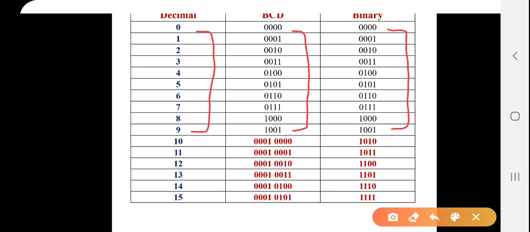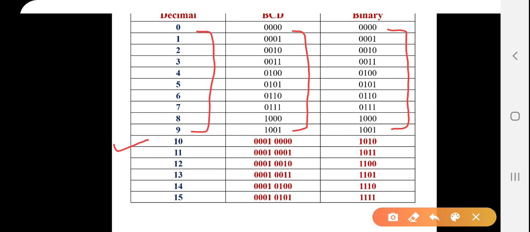So we can say that the BCD number is directly equal to the binary number for 0 to 9. But the BCD number is bit specific. For a specific decimal digit, the BCD number belongs to 4 binary bits.